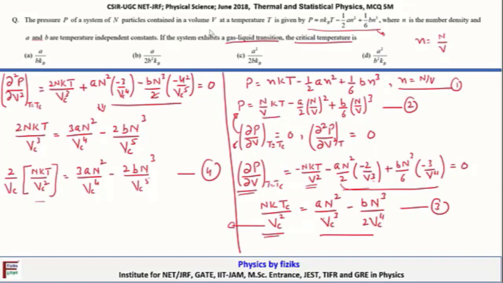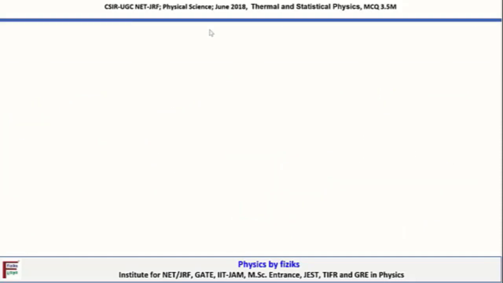So 3 and 4 will imply 2 by Vc as it is, 2 divided by Vc as it is.